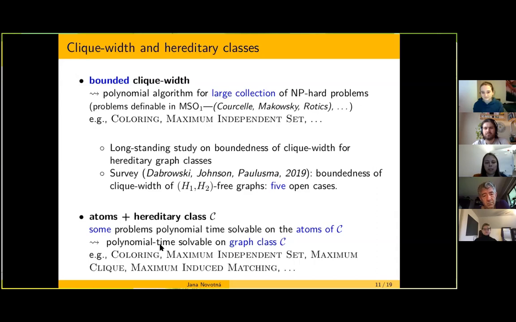This set of problems is much smaller than the set before, but it still contains some well-known problems such as coloring, maximum independent set, maximum induced matching, and so on. By combining those 2 results, we obtain that if a hereditary class has bounded Clique-width of atoms, then those problems are polynomial time solvable. And that's what we will be doing.